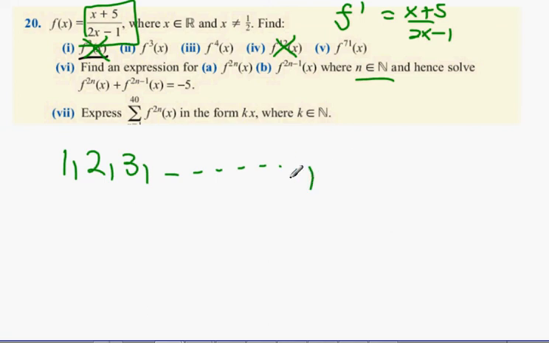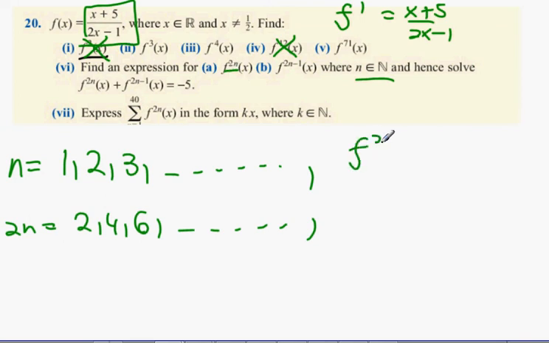We're asked for 2n. 2n means 2, 4, 6, all the way up. Even numbers. What did we say f of any even number is? X, isn't it? So the expression for f of 2n is x, because they're all even.